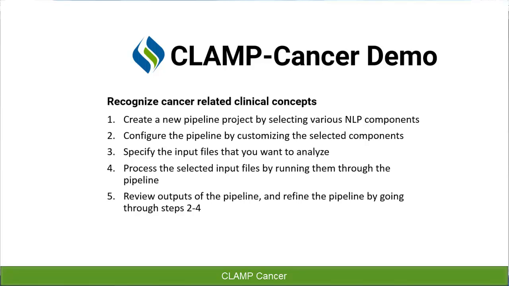Second, configure the pipeline by customizing the selected components. Third, specify the input files that you want to analyze. Fourth, process the selected input files by running them through the pipeline. And fifth, review the outputs of the pipeline and refine it by going through steps 2 through 4 again.